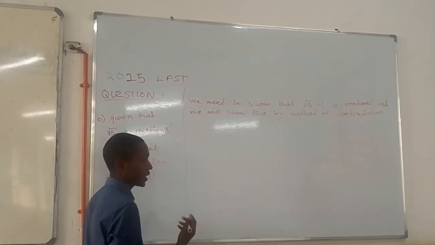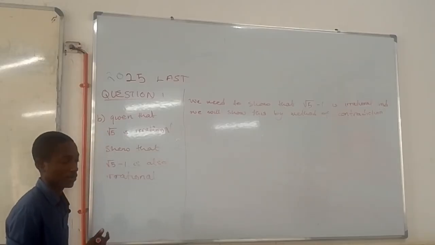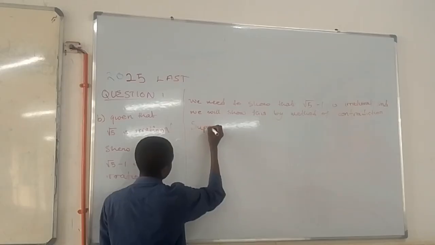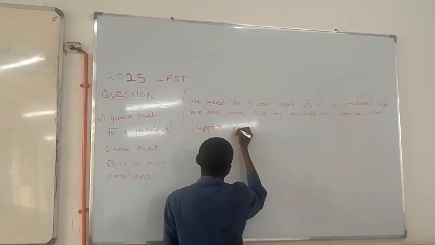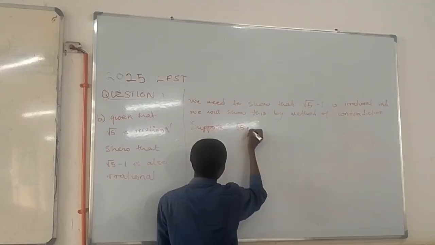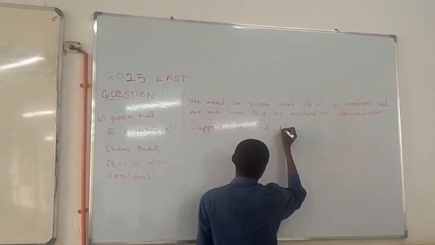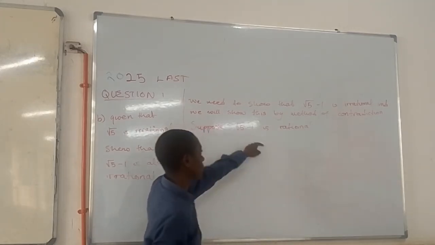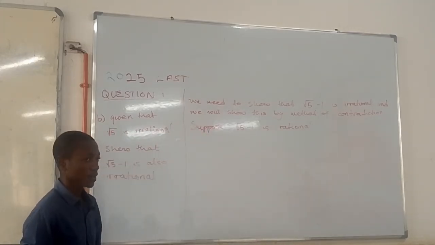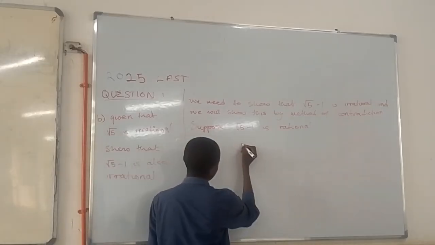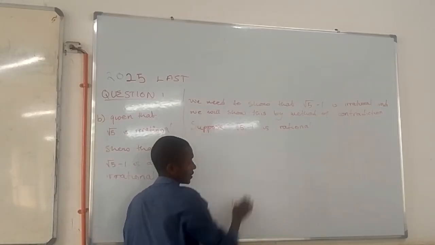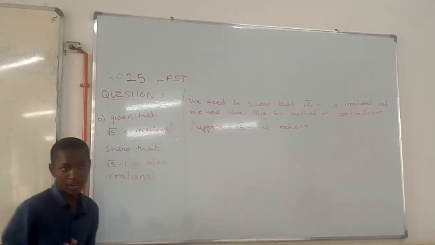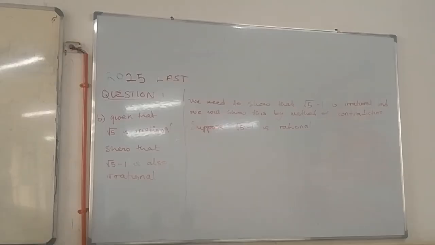So we suppose that root 5 minus 1 is rational. If root 5 minus 1 was rational, we know that it can be expressed in the form a over b, because every rational number can be expressed in the form of a fraction.